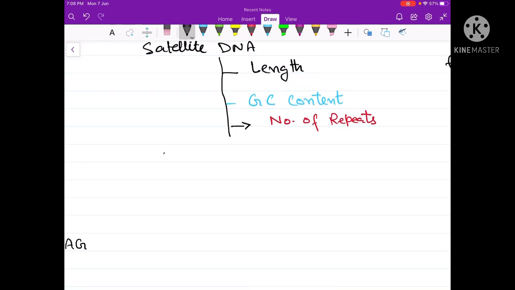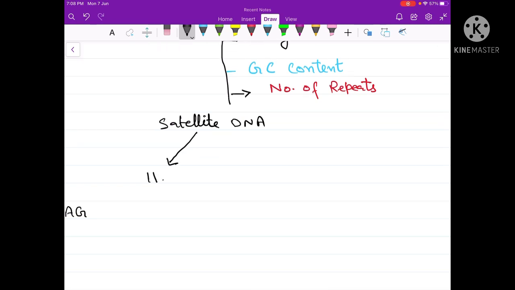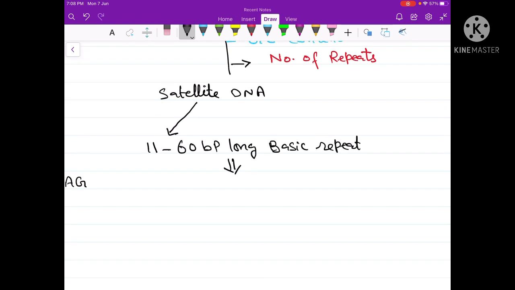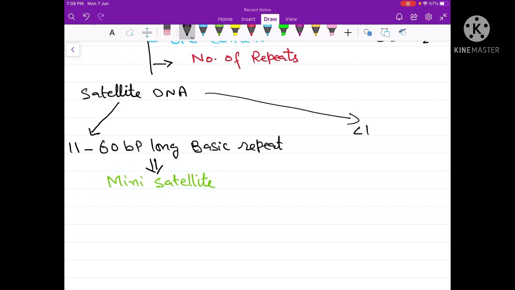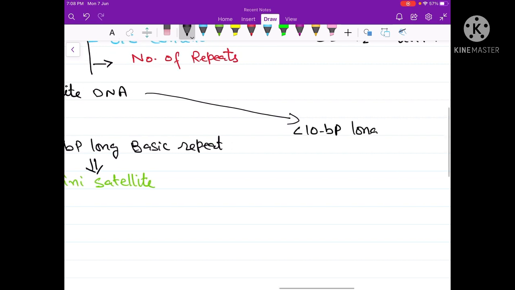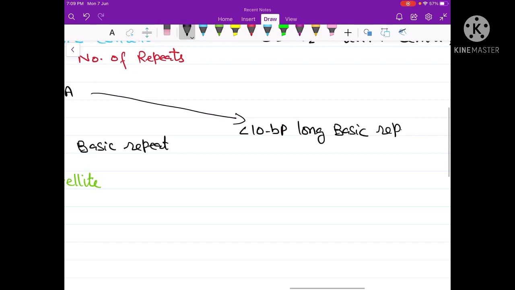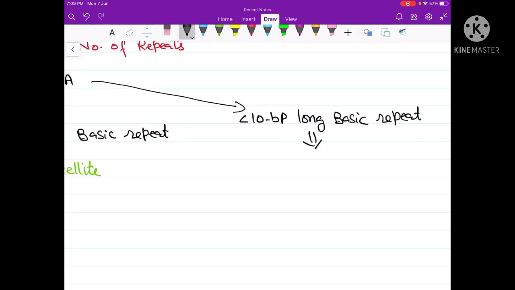For example, if the basic repeat is between 11 to 64 base pairs long, it is called a minisatellite. And when the basic repeat is less than 10 base pairs long, that type of satellite DNA is called a microsatellite.